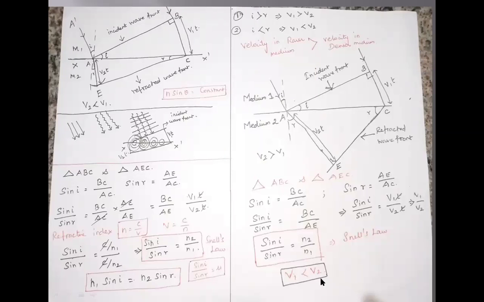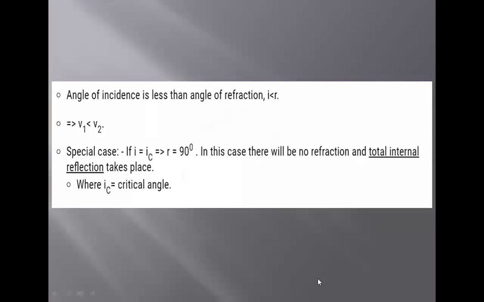And this is case 1 and case 2. And there is a special case. What is the special case? Angle of incidence is less than, this we already know. The special case is if the angle of incidence is equal to the critical angle. In this case, if the refracted ray is at 90 degrees, then total internal reflection is applicable. In this case, no refraction will happen.